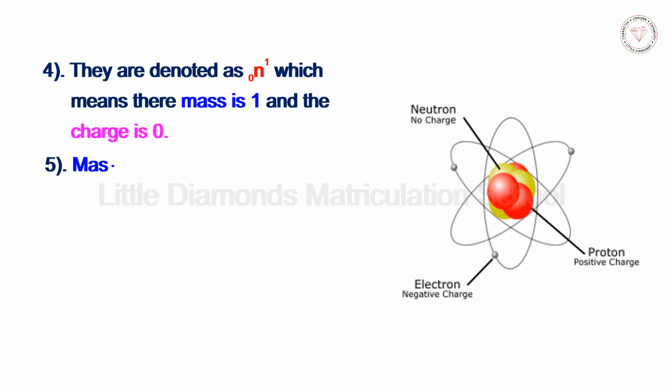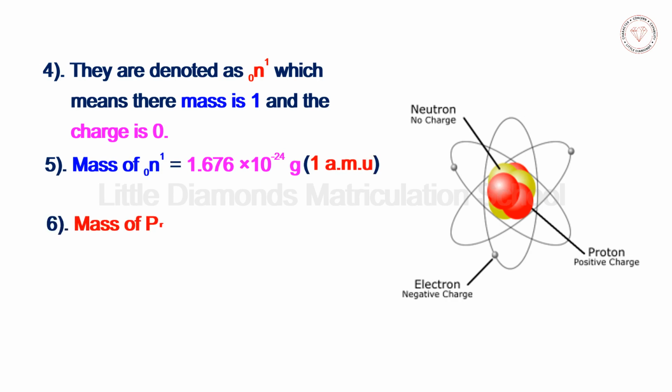Mass of neutron is equal to 1.676 into 10 power minus 24 grams, that is 1 atomic mass unit. The mass of proton is equal to the mass of neutron, that is equal to 1.6 into 10 power minus 24 grams.